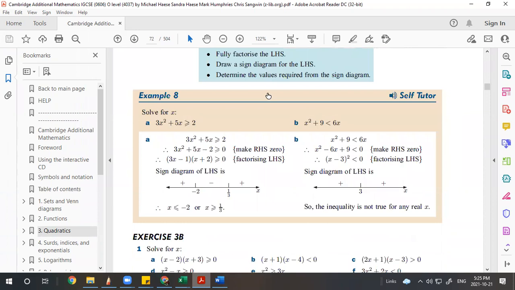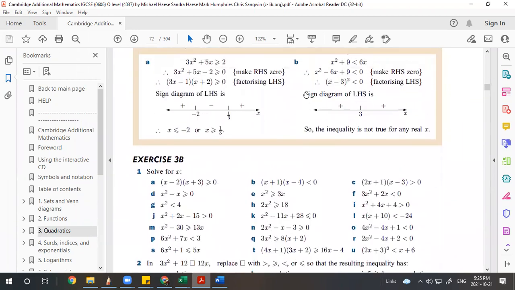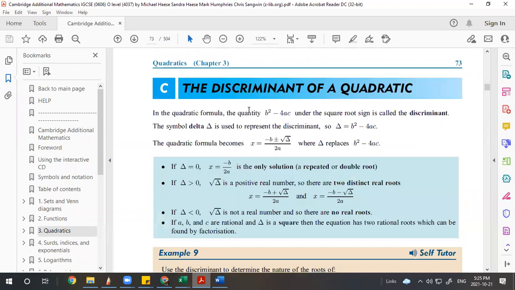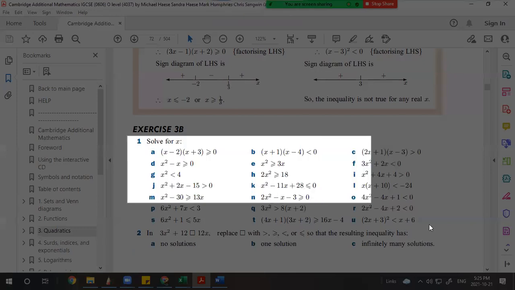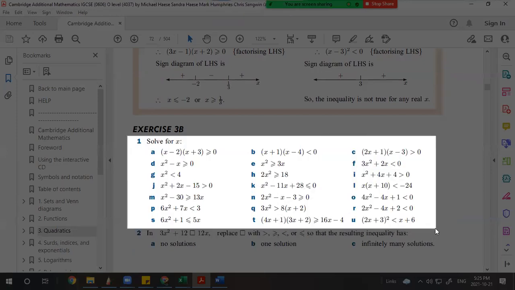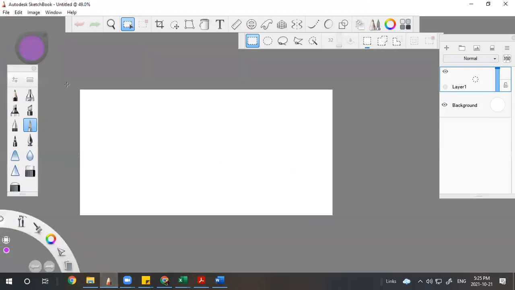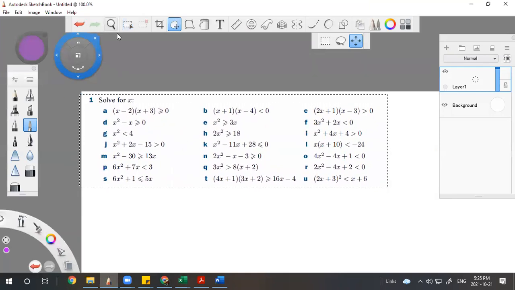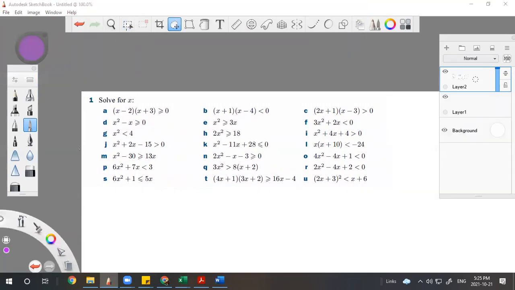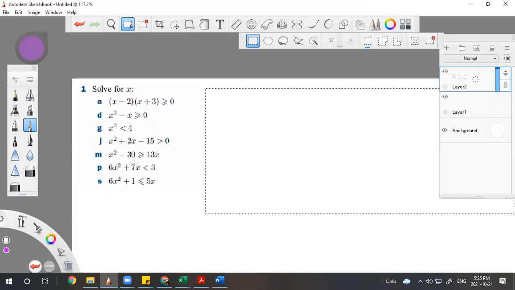Quadratic inequalities also, you just deal with the 0 here, for example. Right. Let's try. So you need to factorize this at first. Okay, let's try. For some numbers, I want to delete this.